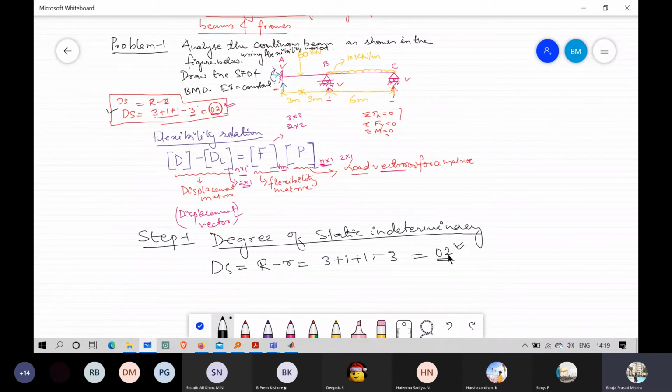What does this 2 mean? It means that any two reaction components are redundant, or extra.